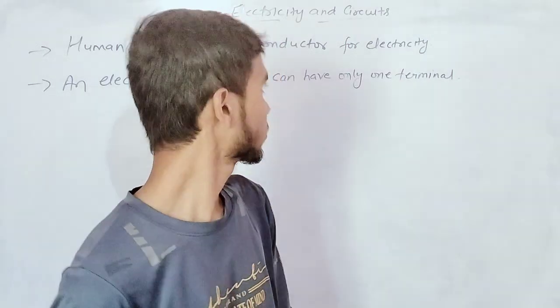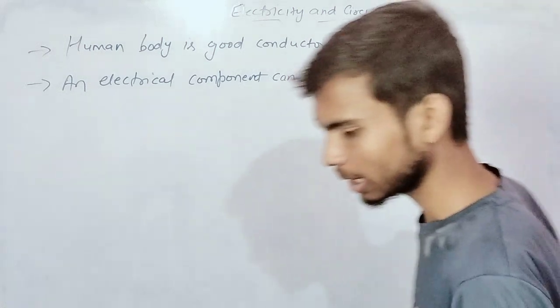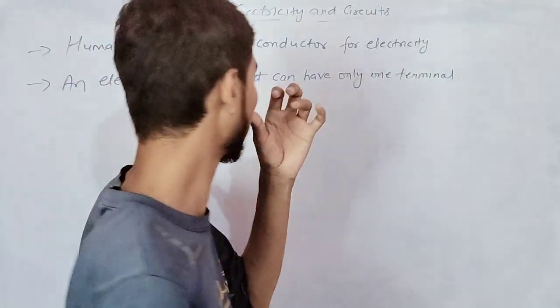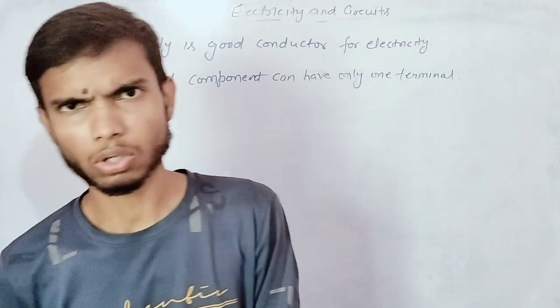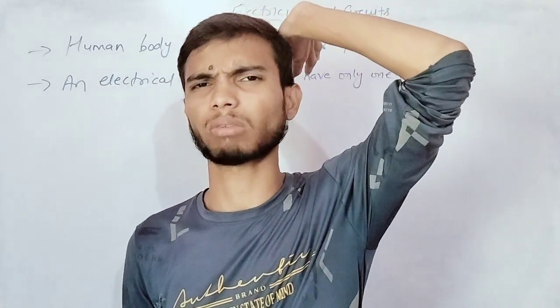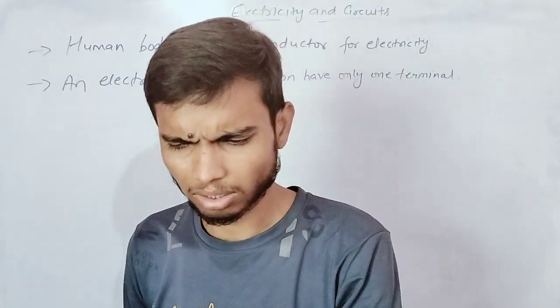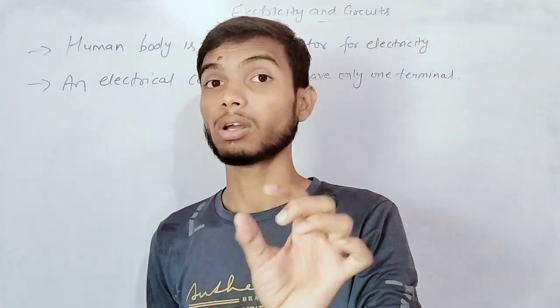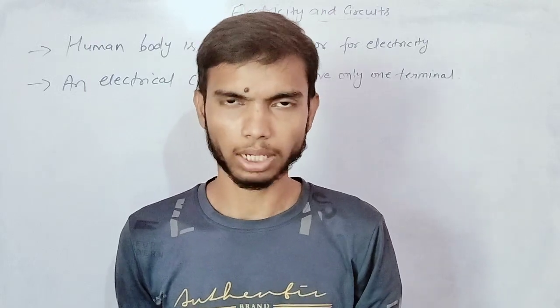Okay, that's all. One more: an electrical component. The statement says an electrical component will have only one terminal. As we saw in this lecture, in this slide, you can take any electrical component or electrical device: electric bulb, electric cell, anything.